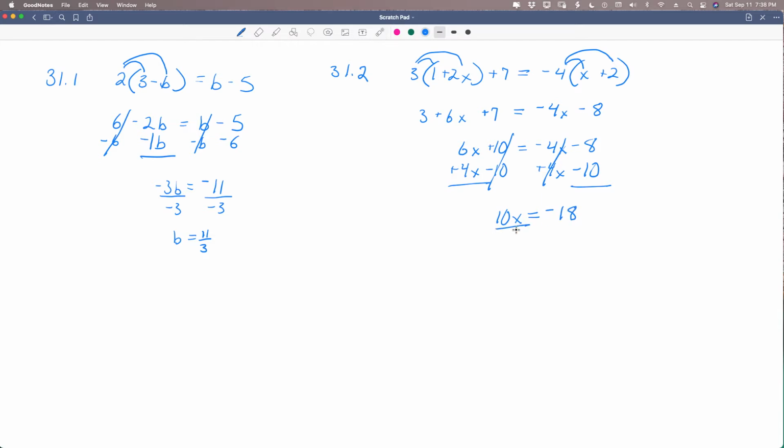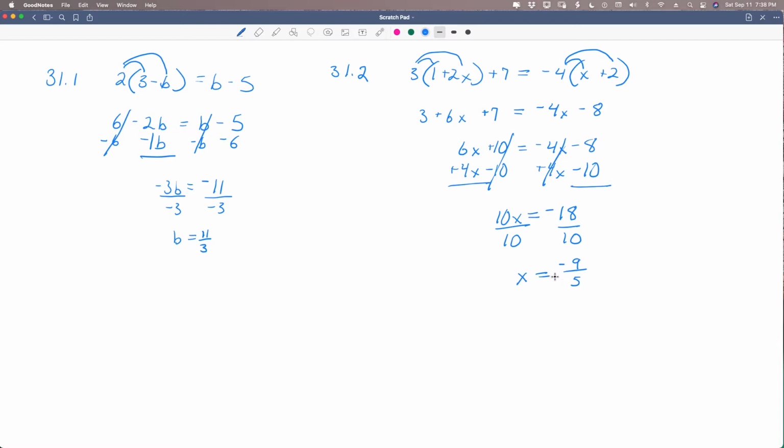I'm going to divide both sides by 10. That leaves x equals, and because these are both even numbers, we can reduce them by 2. Negative 18 reduces to negative 9, and 10 reduces to 5.